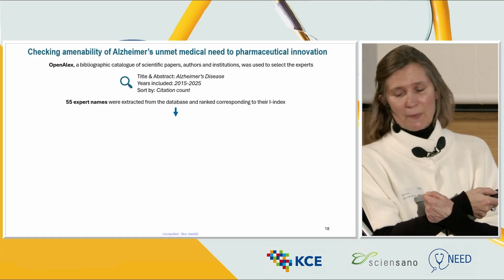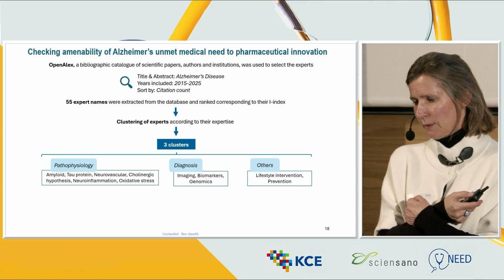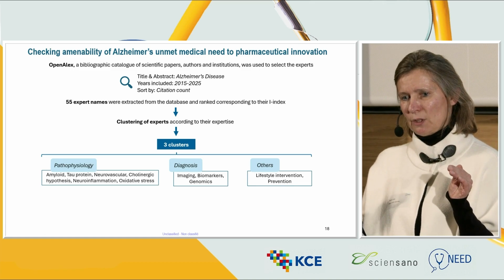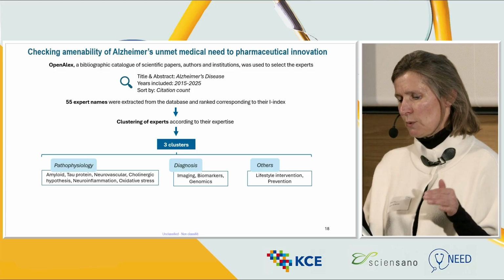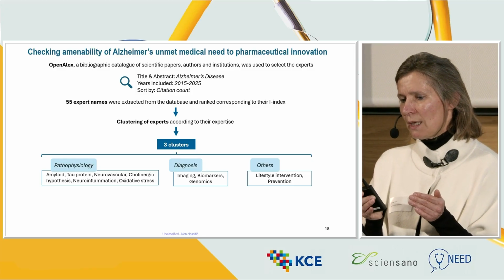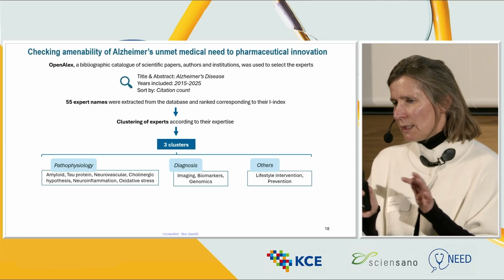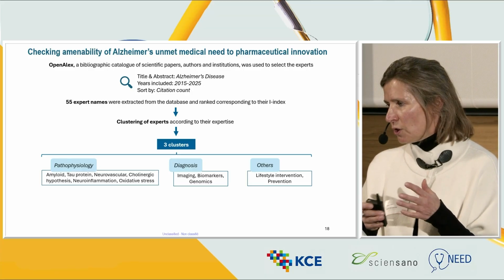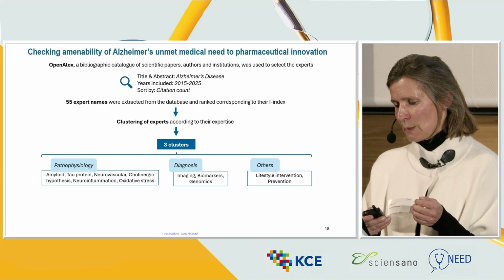We found 55 experts with that method, and then we classified them in different clusters according to their specific expertise, because we have people really specialized in pathophysiology, looking at the biology or the etiology, what is happening, why people get ill, and how we can explain that.